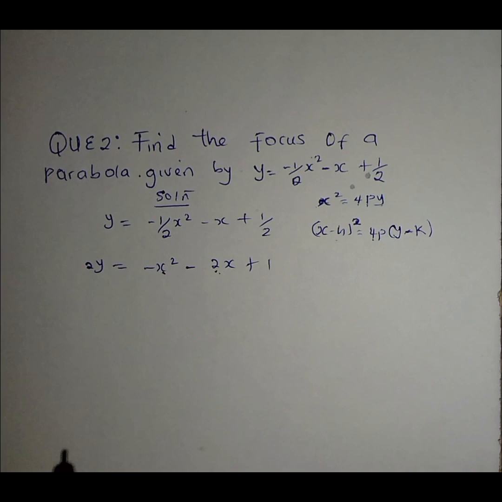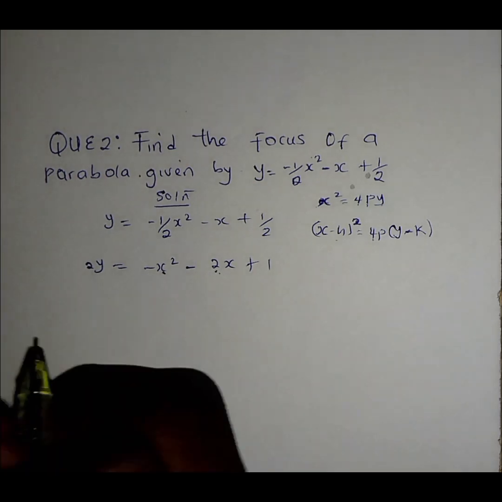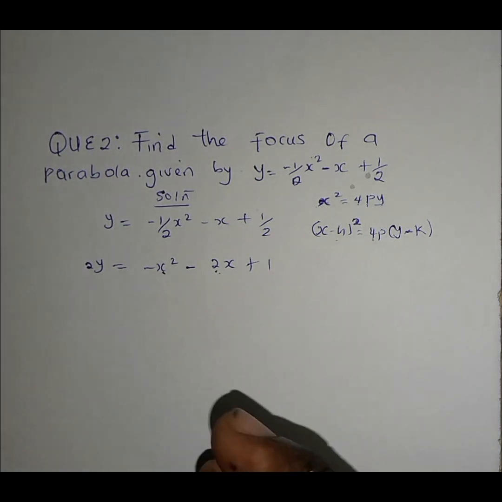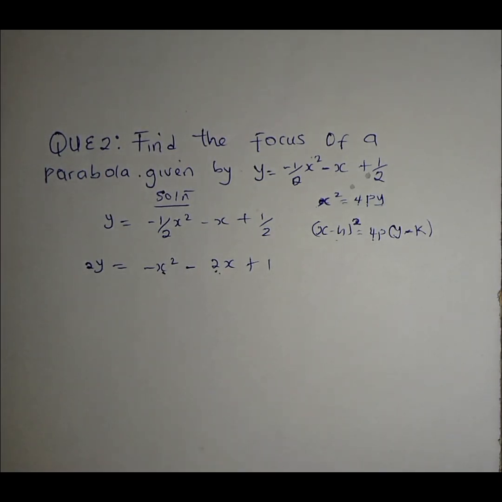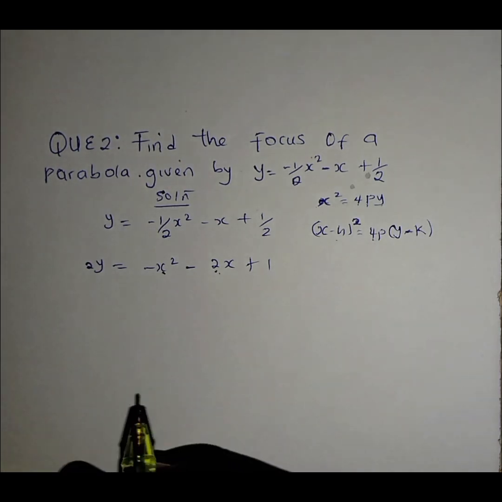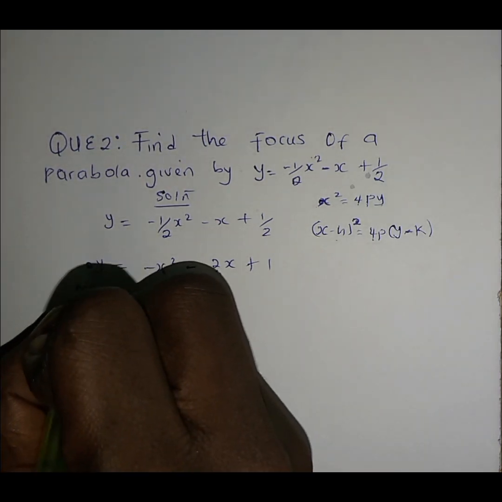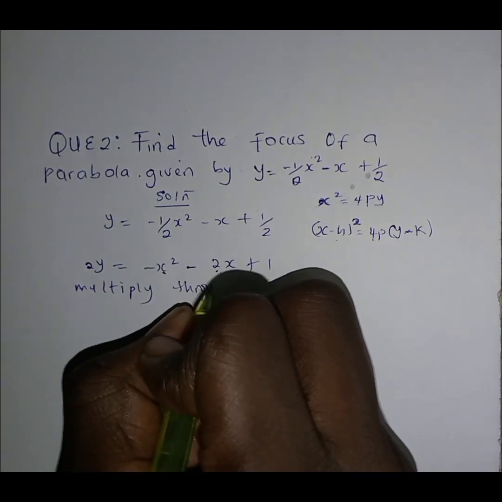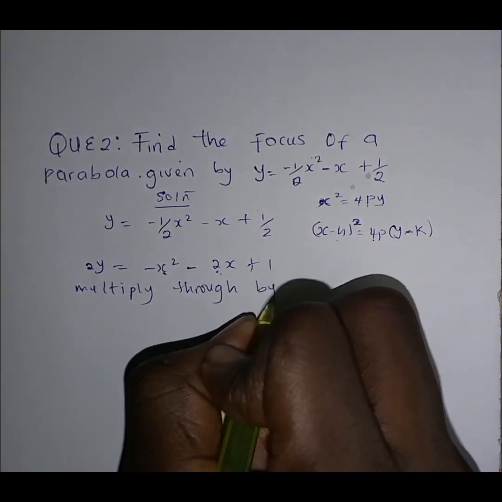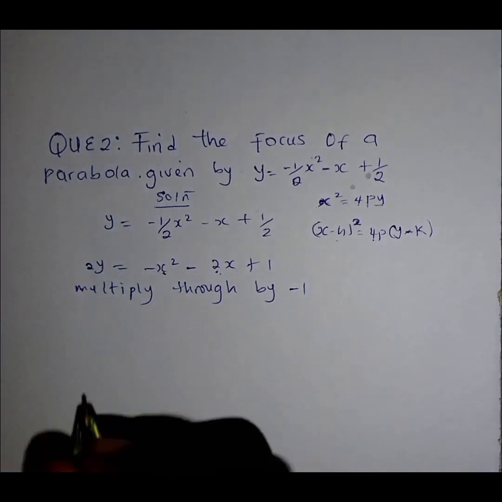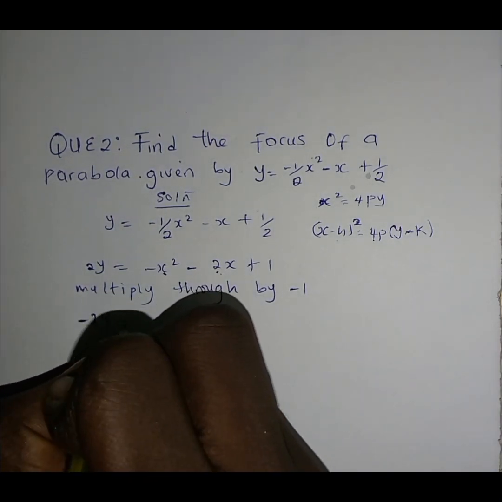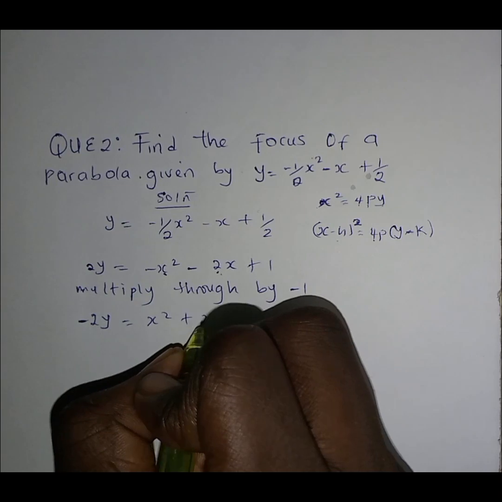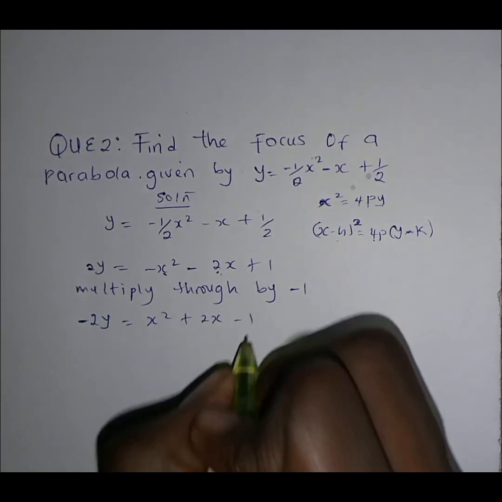So doing this, we have to bring all the x at one side and every value that is not x at the other side, so it will become this. But before doing that, we can also do something. We can multiply through by minus 1 so that the x will be positive. Therefore, it becomes minus 2y equals x squared plus 2x minus 1.